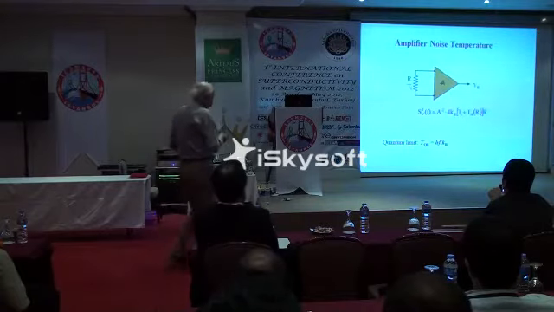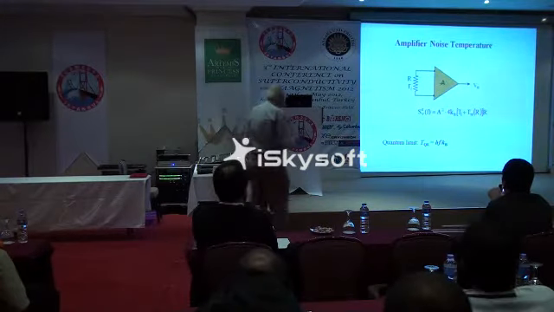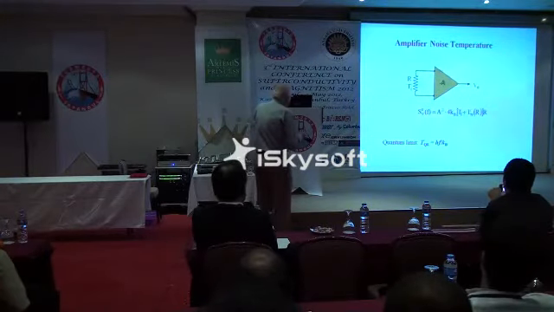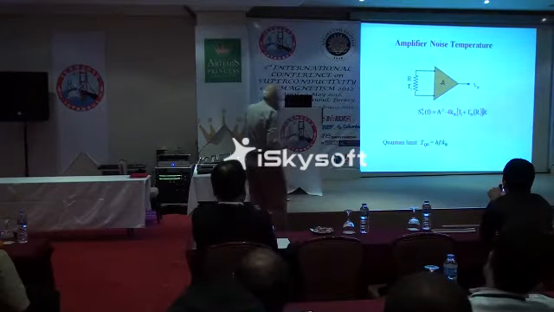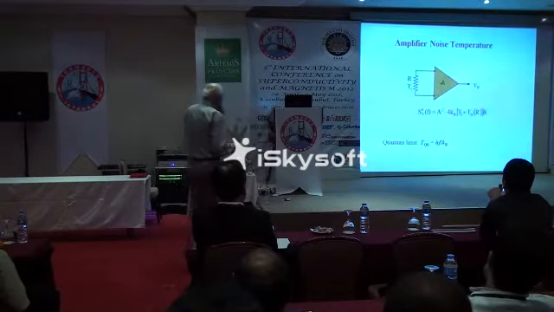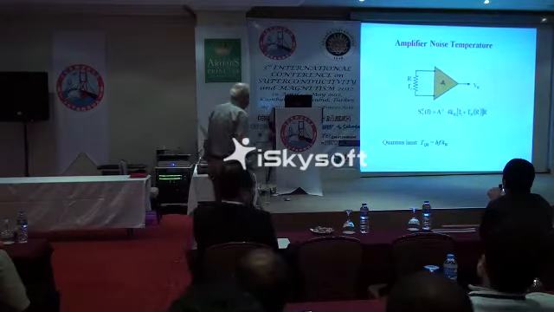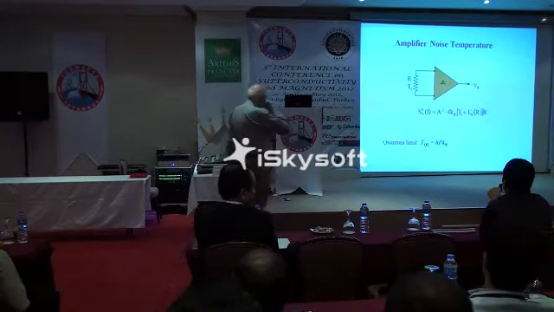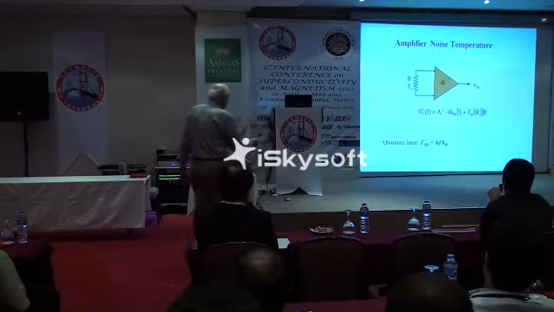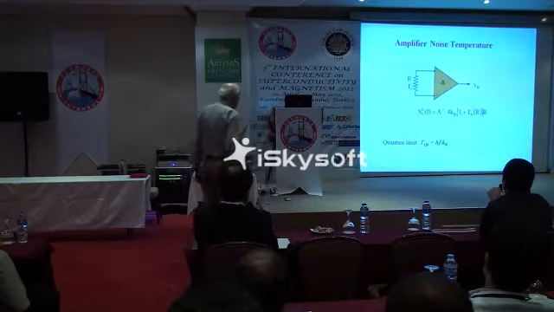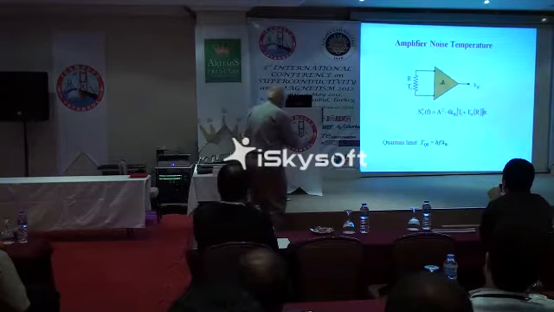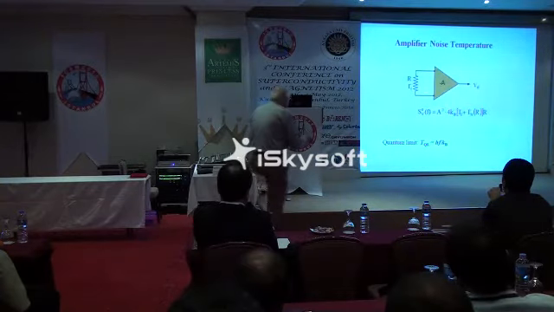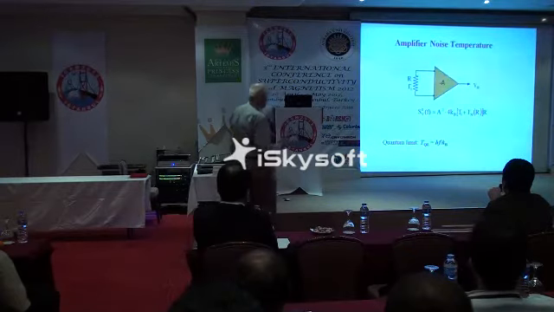Now, to make a complete story here, I need to dwell for a moment on the concept of amplifier noise temperature. So here's an amplifier with a gain of -A, and across the input terminals we've connected a resistor of resistance R at an input temperature Ti, and at the output from the amplifier we see an amplified version of the Nyquist noise, or the Johnson noise, in this resistor.